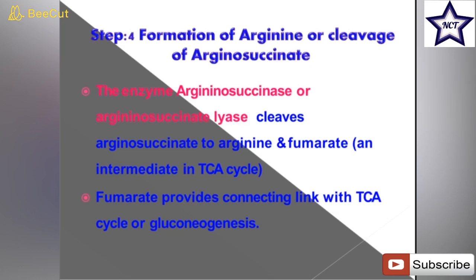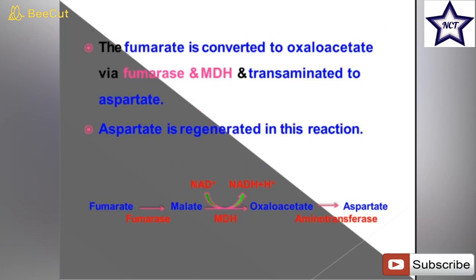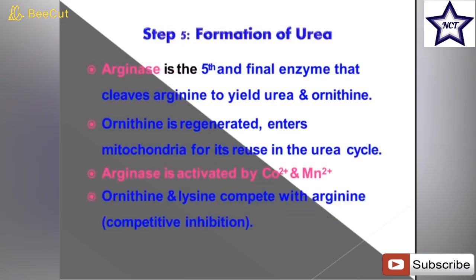This is the reason, because fumarate, the connecting link with the TCA cycle or gluconeogenesis, is formed in the fourth step of the urea cycle. The fumarate is converted to malate via fumarase, and malate dehydrogenase converts malate to oxaloacetate. Oxaloacetate forms aspartate, which is regenerated in this reaction.